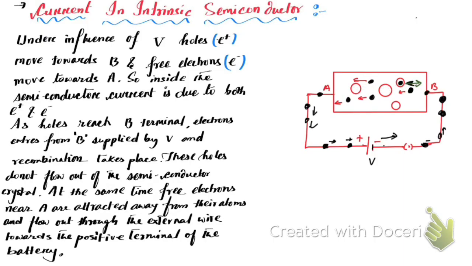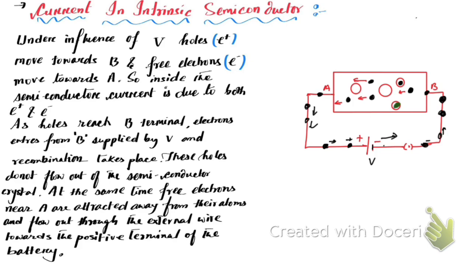But here you see these holes do not flow out of the semiconductor. Let me explain. Suppose this is an electron coming from the negative end of the battery, and it will recombine with this hole, then again it will move to the next hole. Here you can see I have drawn it in green color.